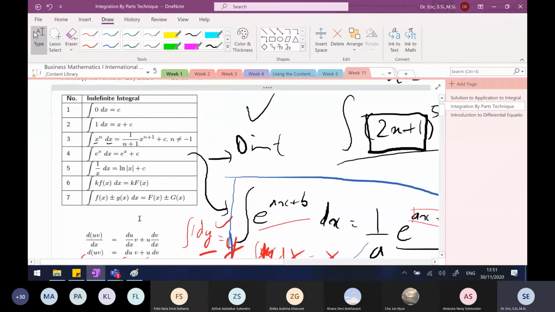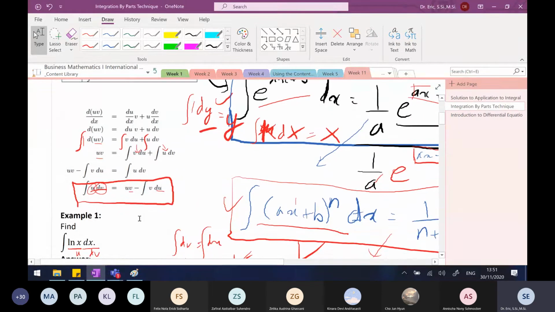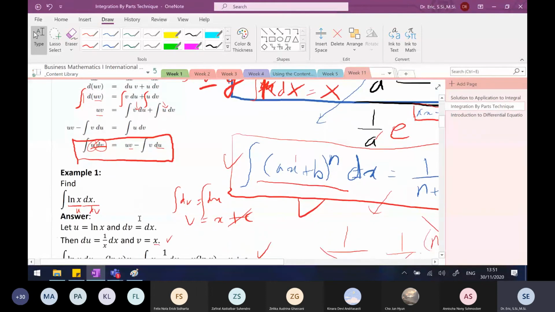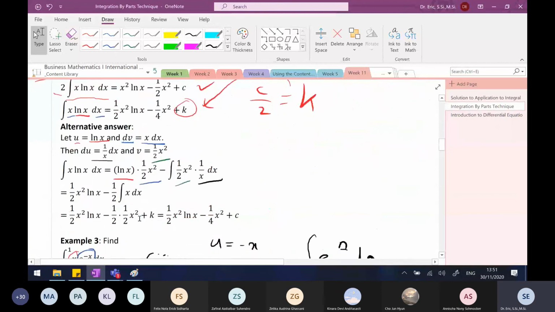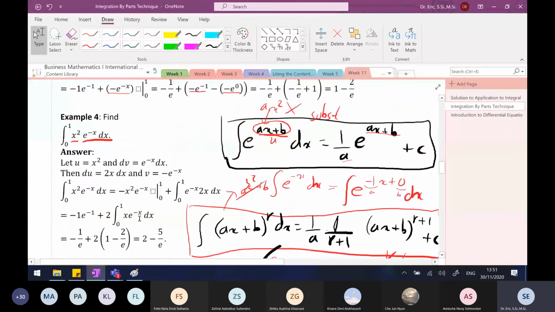Okay, so if you can do a question with both techniques, I advise you to use the simpler method, that is the substitution technique. Okay, and you have to choose wisely.